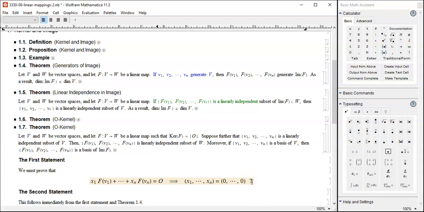Now, what do we know? We know these are linearly independent.